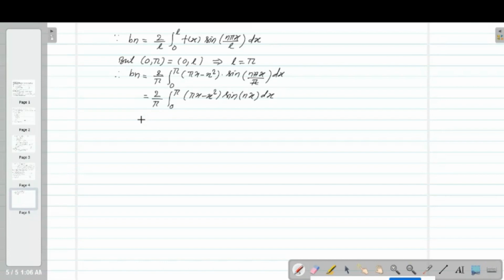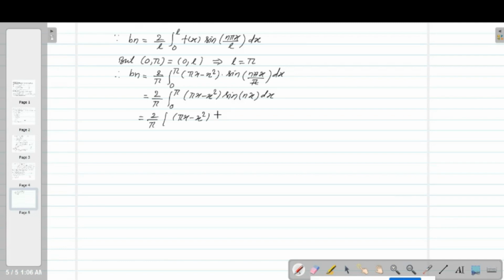Now integrate this. So this is equal to 2 by pi. Here we apply generalized integration by parts, so this is u and this is v. We have pi x minus x square as the u part, and the integration of v, that is sine.